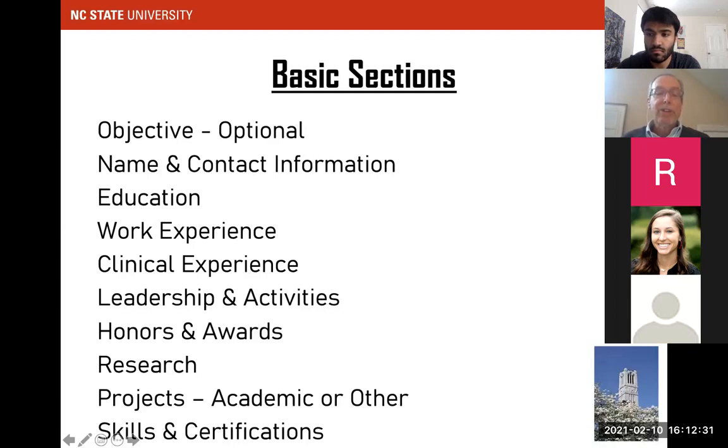So it can be things that are clinically related, but mostly that would be in the clinical experience. But other kinds of activities, for example, tutoring, tutoring students at the Boys and Girls Club is outstanding because you're helping others. I had a pre-med student who was a peer advisor. He coached kids basketball for several years.